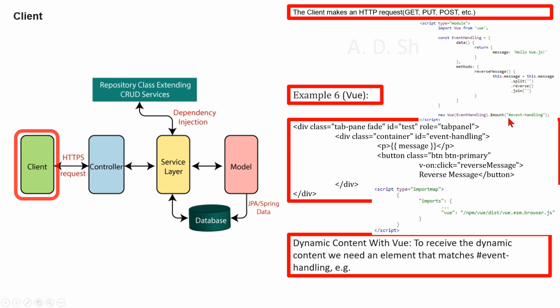So here's the hash event handling here, and here. So the templating happens on the client, and it is triggered by a click using v-on from Vue.